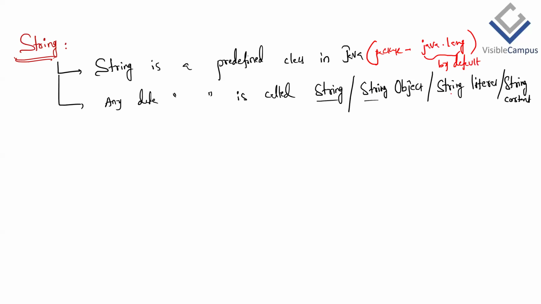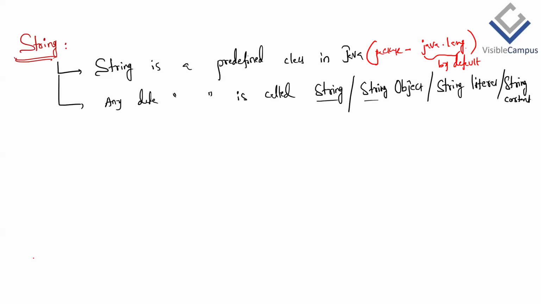That's why we are not writing any import java.lang, but for the Scanner class, we are writing import java.util.Scanner. So the default package is the java.lang package only. That's why it is not required to mention that package statement on top of the program.